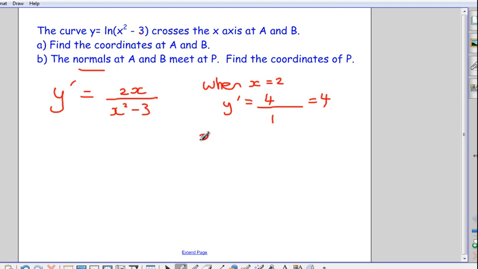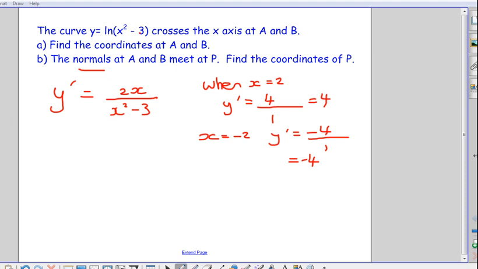And when x is equal to minus 2, y dashed will be equal to minus 4. Now minus 2 squared minus 3 is going to be exactly the same as here. We're still going to get 1, so we're just going to get minus 4. So now we know the gradient function at each of these points in order to be able to find the equations. But remember, we're asked for the normals.